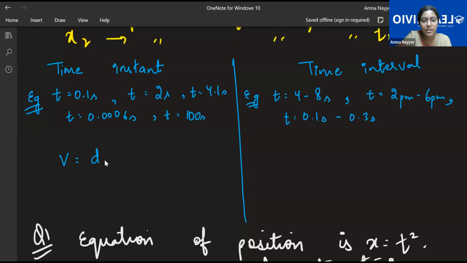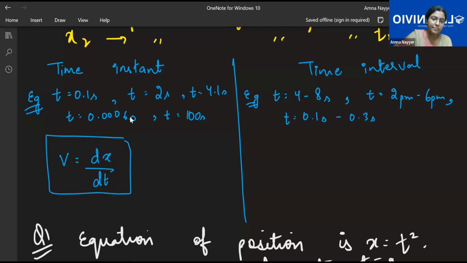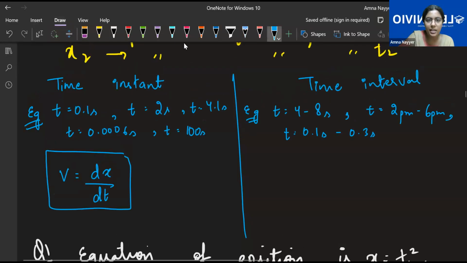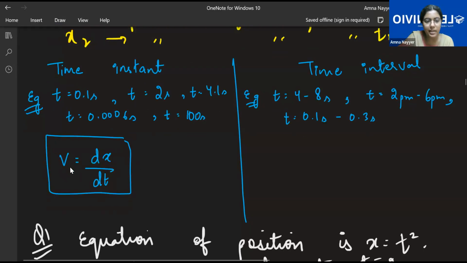Okay. When you have a time instant, usually the velocity is given by the differentiation of distance with respect to the time. Okay, you differentiate distance with respect to the time. Now this differentiation is what most of you have studied.